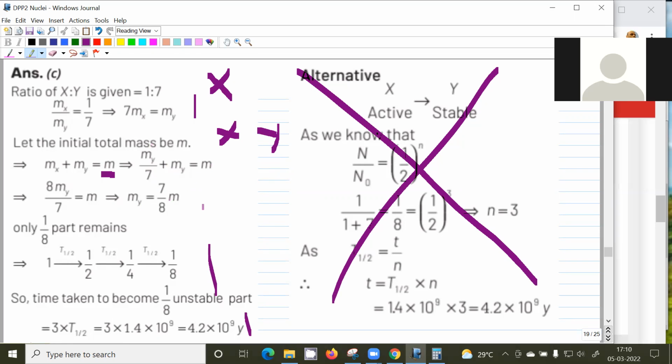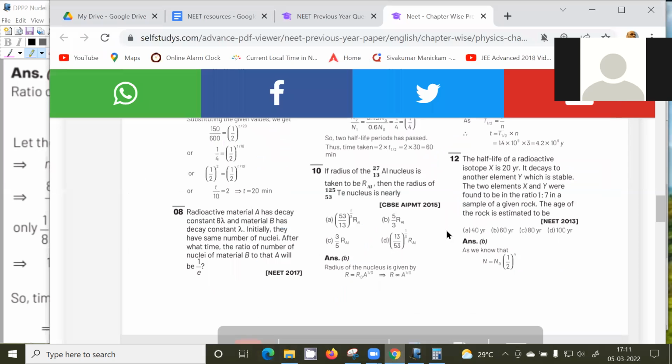So mX at this particular time is 1/8 of the original mass. So m to 1/8 of m, the number of half-lives is 3, because 1/8 is 1 by 2 cube. So 3 half-lives are gone, and from that you can find the time. Same thing for this question also. He's saying the ratio is 1:7, so from that you can find the number of half-lives that have gone.